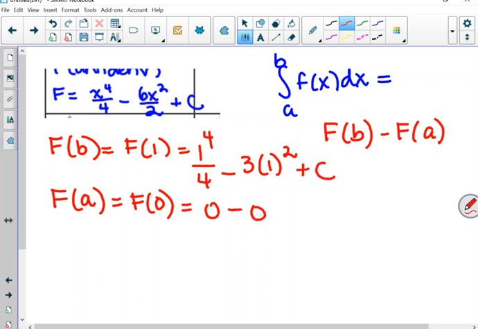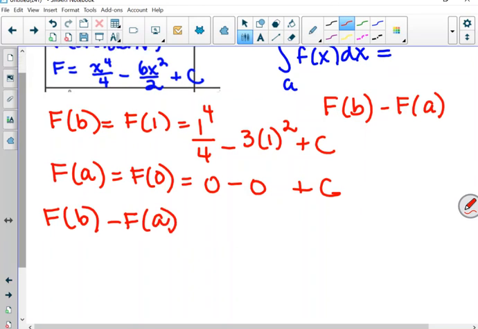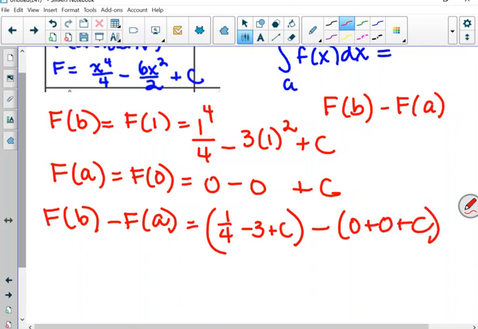And technically, these both have a plus c, so that when I sit down and write out F of b minus F of a, the same thing is always going to happen with the c's. The c's will subtract away to 0. So we're going to have 1/4 minus 3 plus c, minus 0 plus 0 plus c.